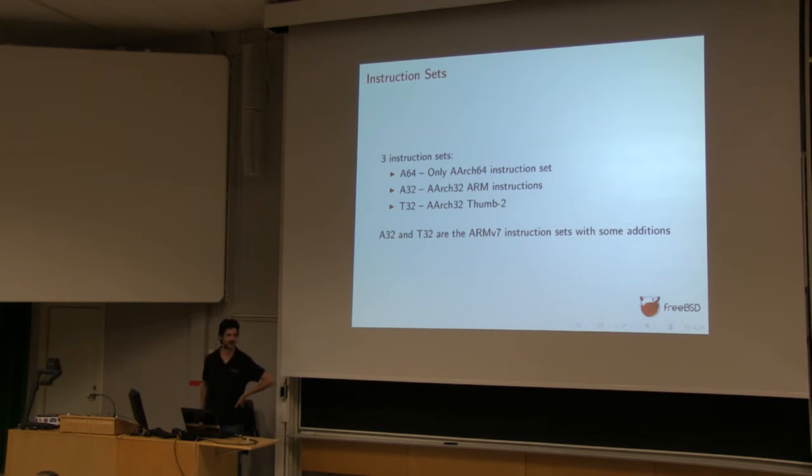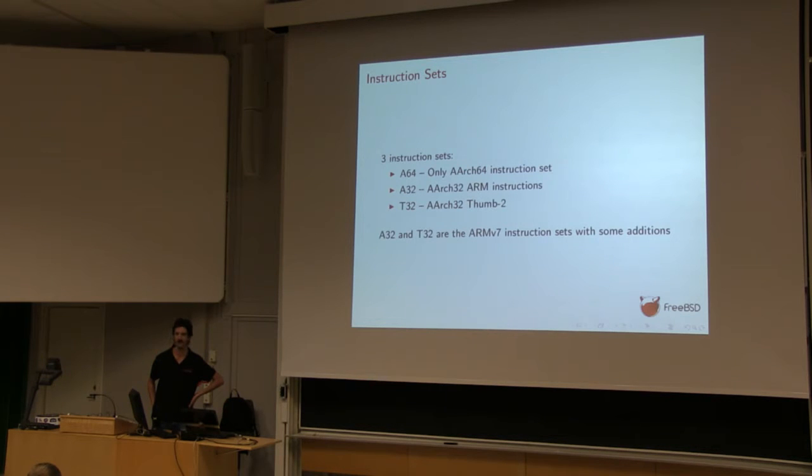So there's 3 instruction sets that we're interested in. I'm not sure, I think there was Jazelle in earlier ARM, and I'm not entirely sure if they have that or not. So they've renamed them as well. A64 is the 64-bit instruction set. A32 is the original ARM instruction set, if you've come from before.